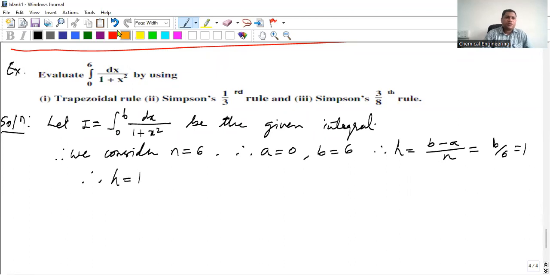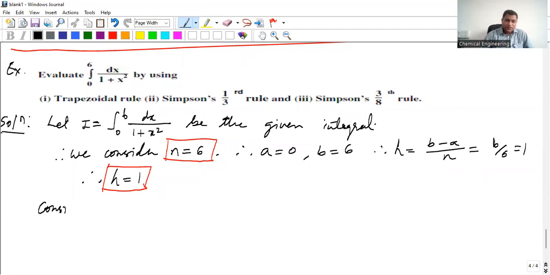So we got h is equal to 1. When the number of subintervals is 6, the size of each interval will be 1. Now, once we know the size of the interval, we are able to construct the table.